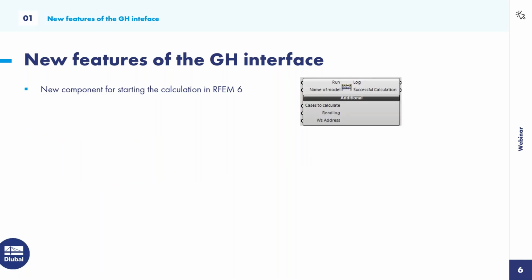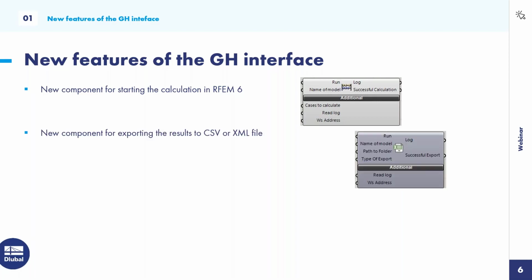Additionally, we created a new component for starting the calculation in RFEM 6. On top of that, also a new component for exporting the results from RFEM to a CSV or XML file. I will mention those two add-ons later in chapter 5.